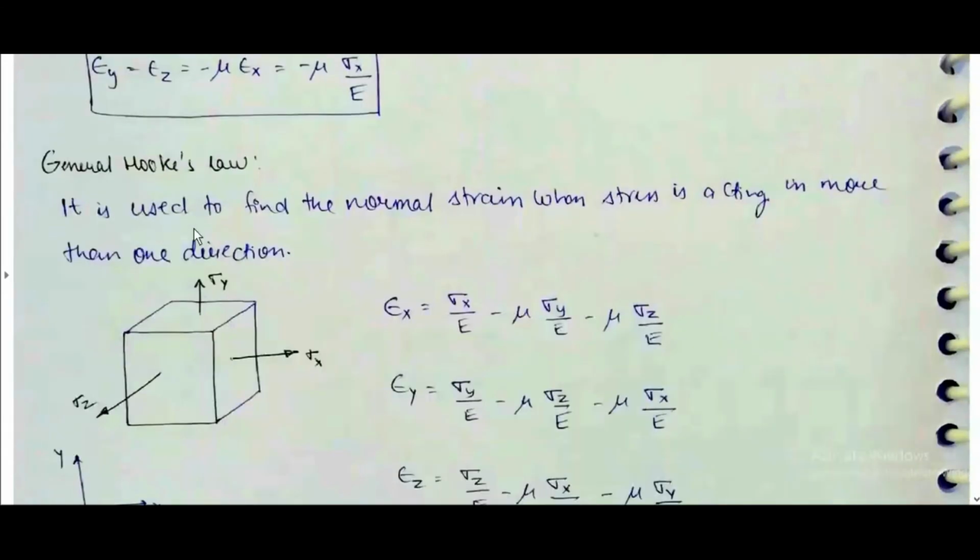General Hooke's law is used to find normal strain when stress is acting in more than one direction.